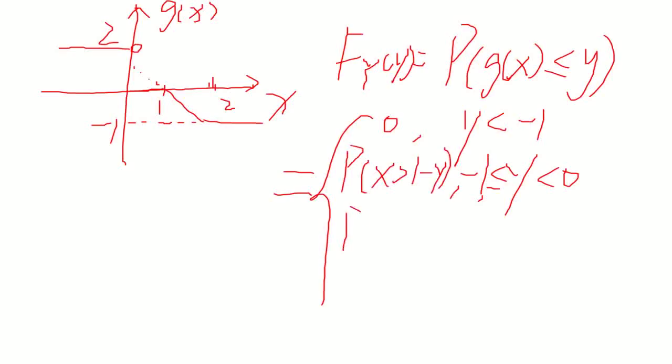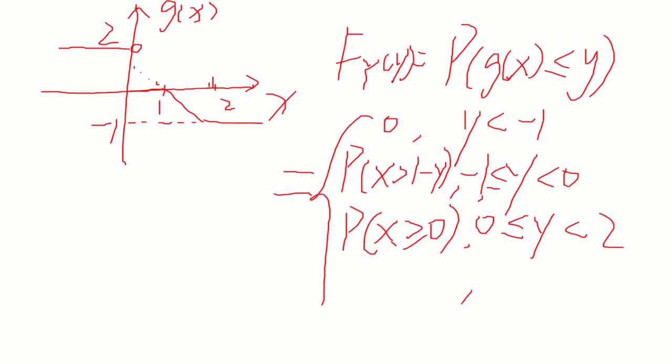Similarly, we find it equals the probability of x no less than 0 for y between 0 and 2, and when y is greater than 2, it equals 1.